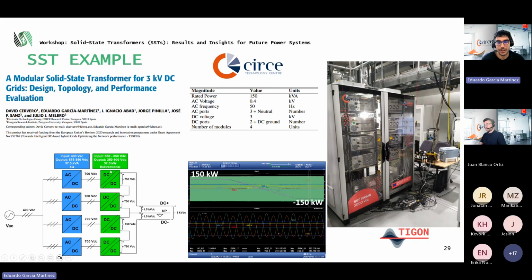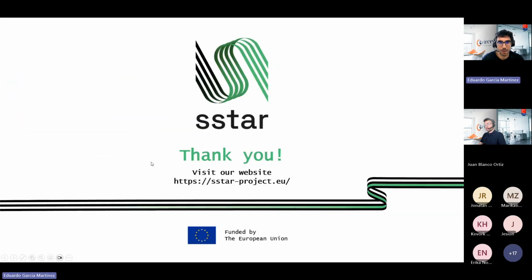So we have built an SST where we reach 3 kilovolts DC voltage, with 150 kilowatts and a peak power of 200 kilowatts, bidirectional, fully controllable, and we have tested it in the project at nominal power.